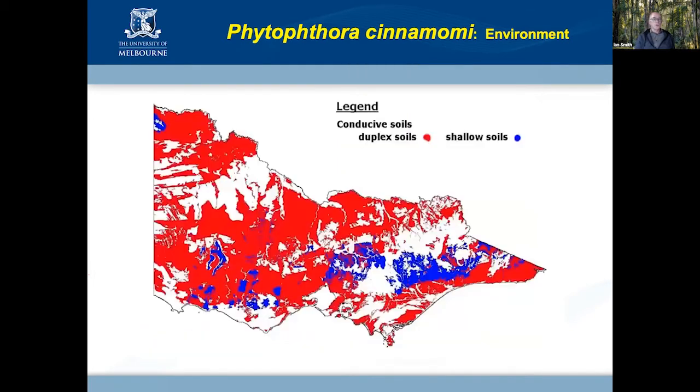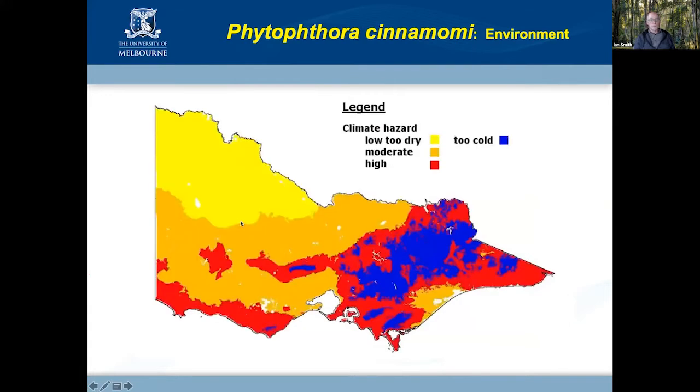And so when we look across Victoria, at least, we can see here that the red ones are duplex soils, which are the ones that could have issues with Phytophthora. But if we also add to that the temperature regimes, we can see that the blue here is too cold, whereas the others are moderate, and these areas here are too dry.